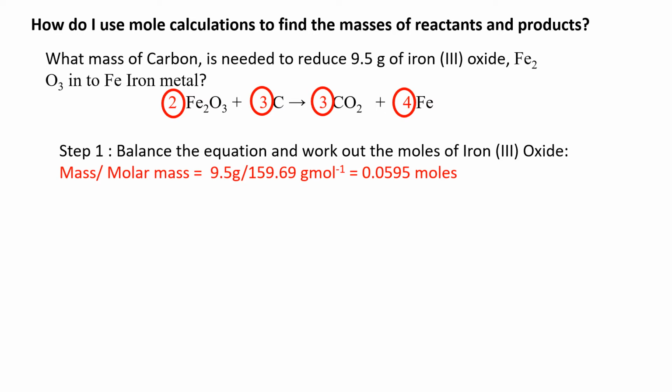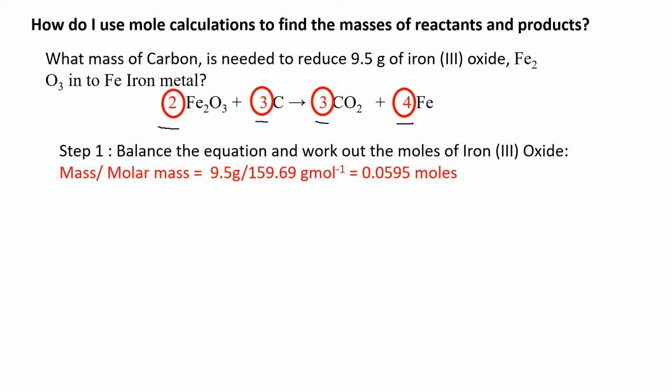Hence, 2 moles of iron oxide react with 3 moles of carbon to produce 3 moles of CO2 plus 4 moles of iron. Remember, when I talk about these moles, I'm talking about the coefficient. So when I say mole here, I'm referring to molecules. So 2 molecules of iron oxide, 3 molecules of carbon, etc.